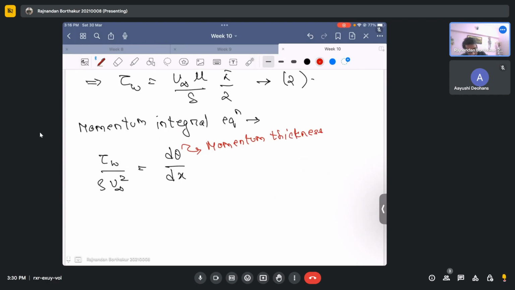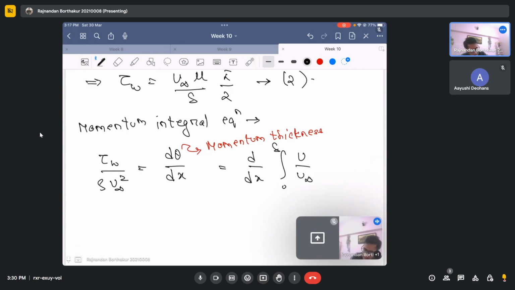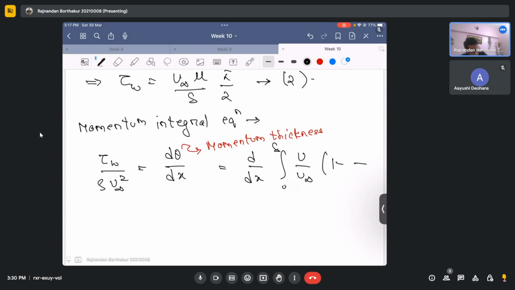This theta can be expressed in terms of the velocity profile as the integral from 0 to delta of u by u infinity times 1 minus u by u infinity, dy.